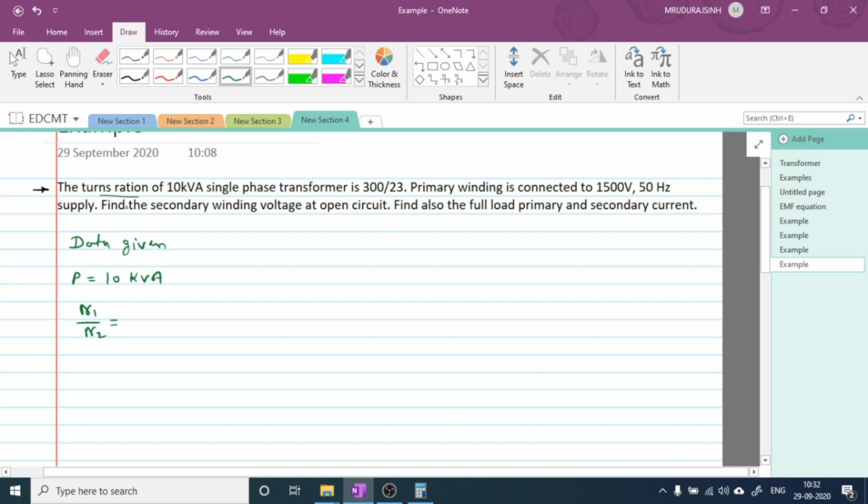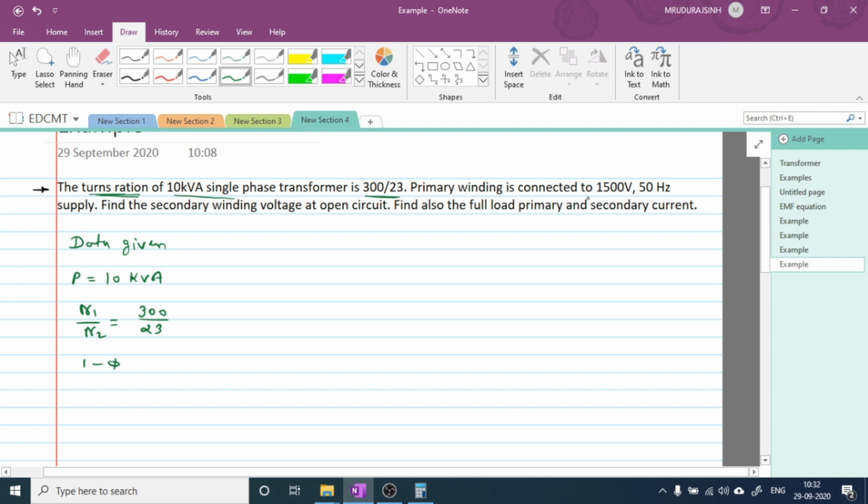So the turns ratio is N1 by N2. 10 kVA, it's P. Single phase transformer, 300 by 23, it is the turns ratio of this transformer. So 300 by 23.